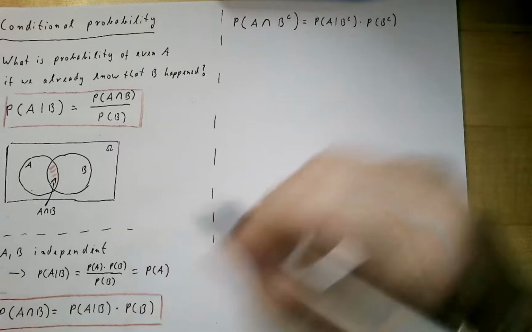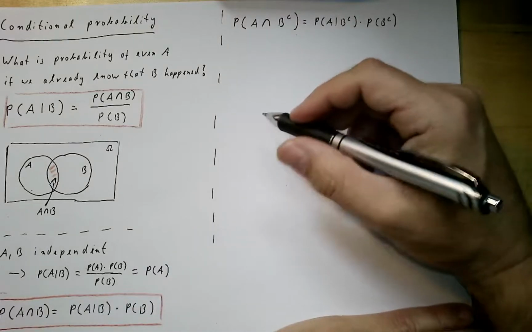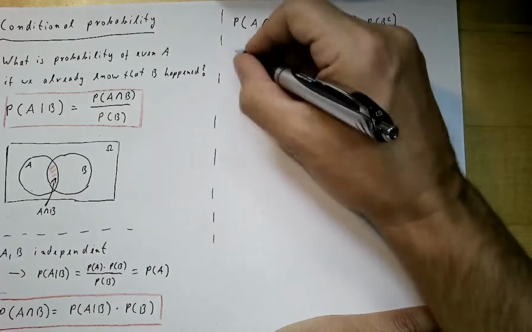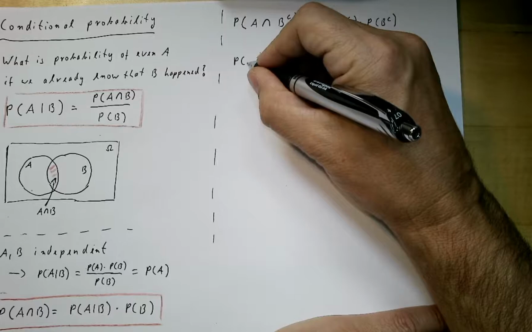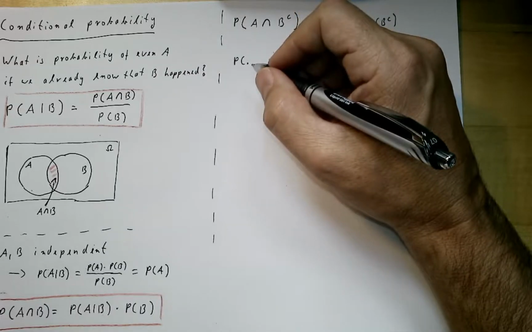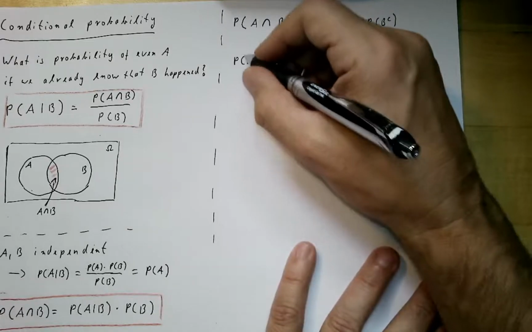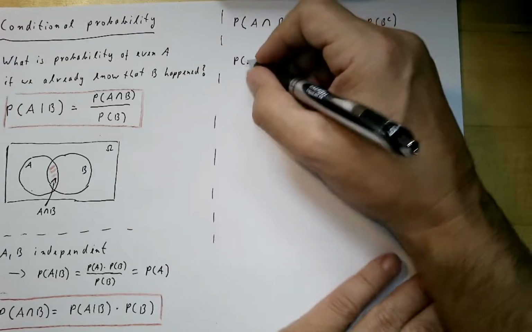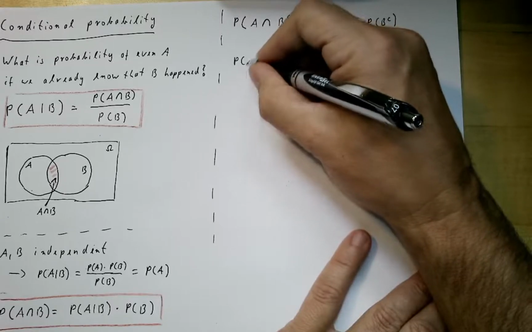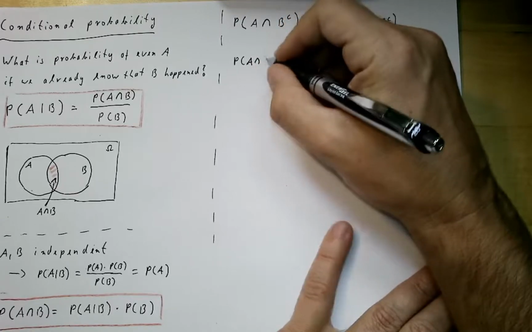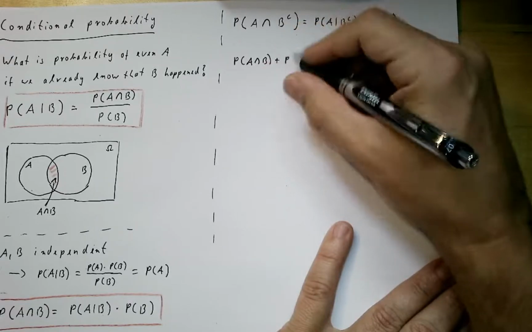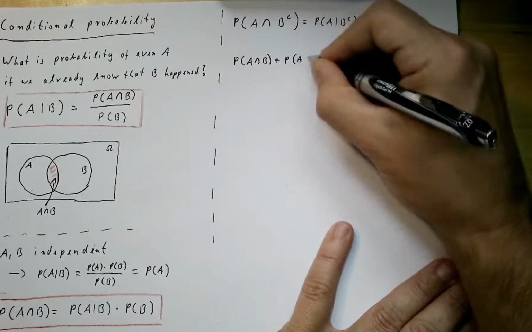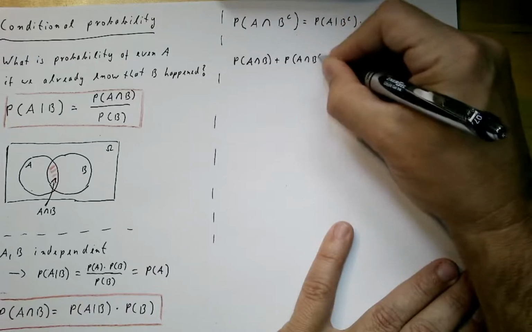But now we can make a simple calculation. What's the probability of A intersection with B plus the probability of A intersection with the complement?